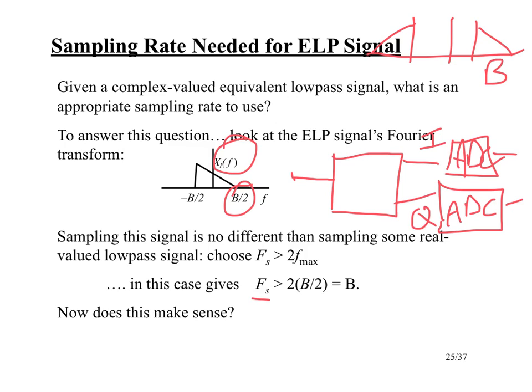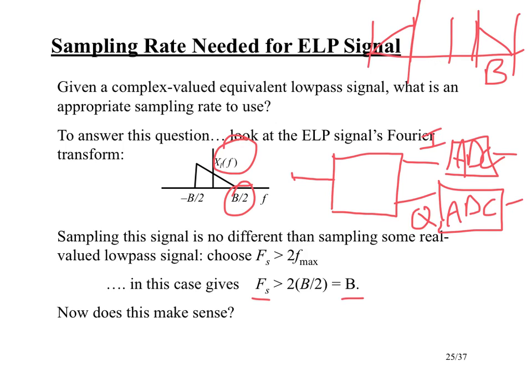So our sampling rate would just be B. And what we'll see in just a little bit when we talk about bandpass sampling is that bandpass sampling will tell us that we need to sample this bandpass signal at a rate that is more than 2B. So what's going on here?